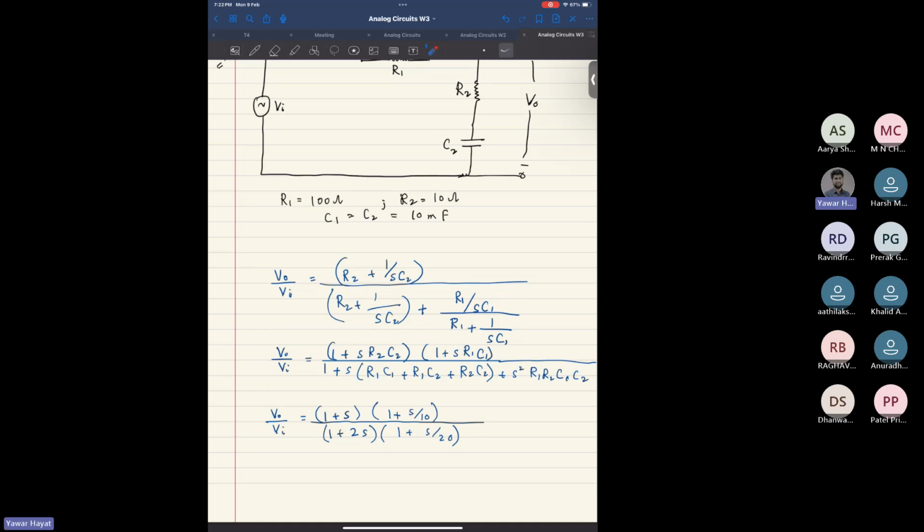Does anyone have any question? Hello, sir. Can you please explain what this S exactly is? What is its physical significance? Physical significance of S?